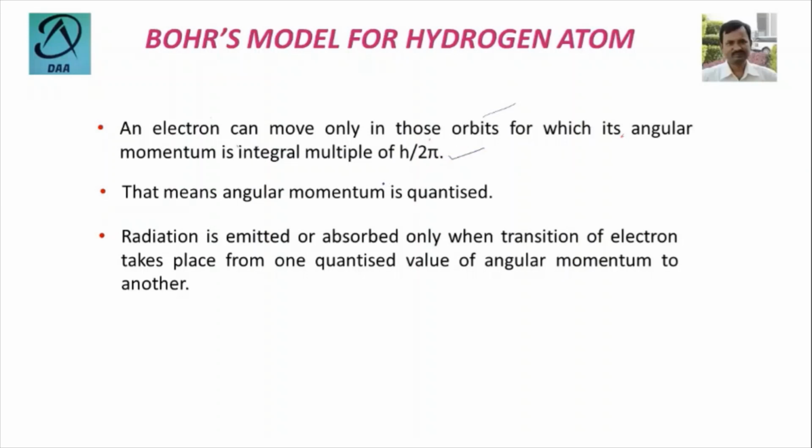That means the angular momentum is quantized. So radiation is emitted or absorbed only when a transition of the electron takes place from one quantized value of angular momentum to another quantized value of angular momentum.